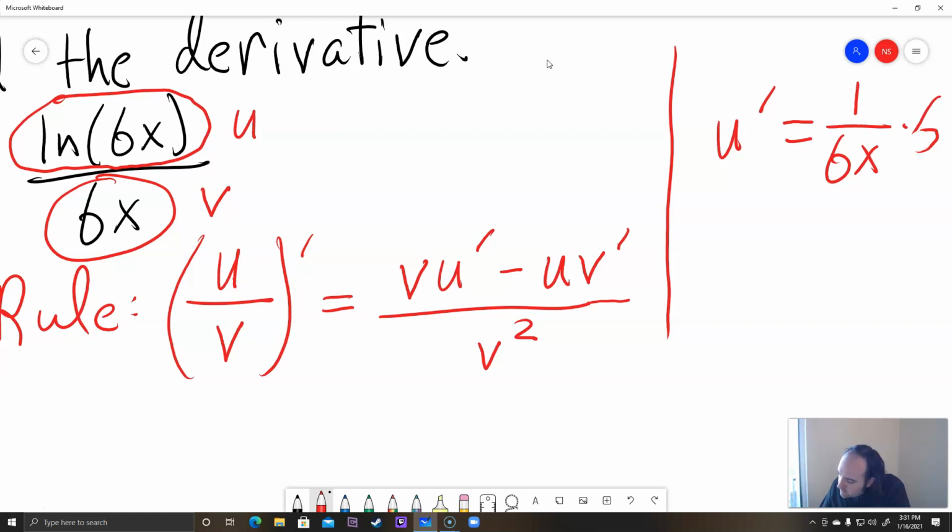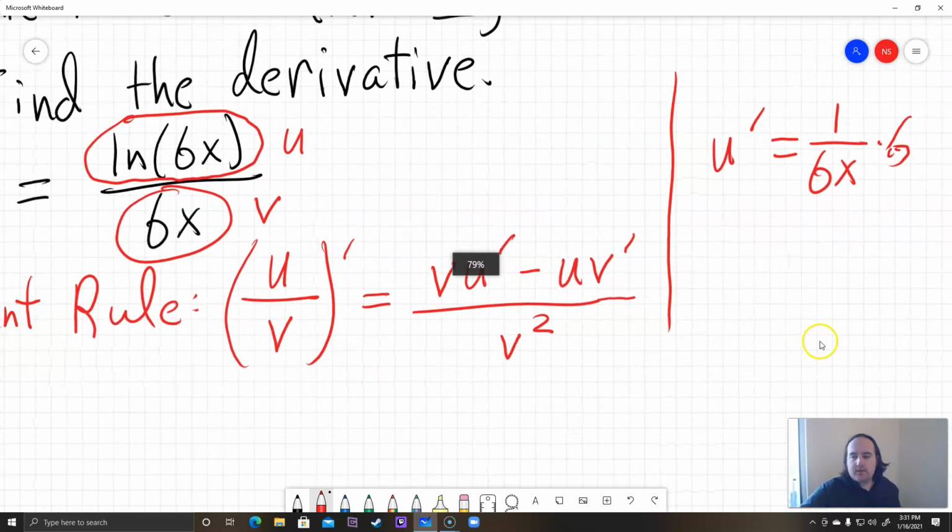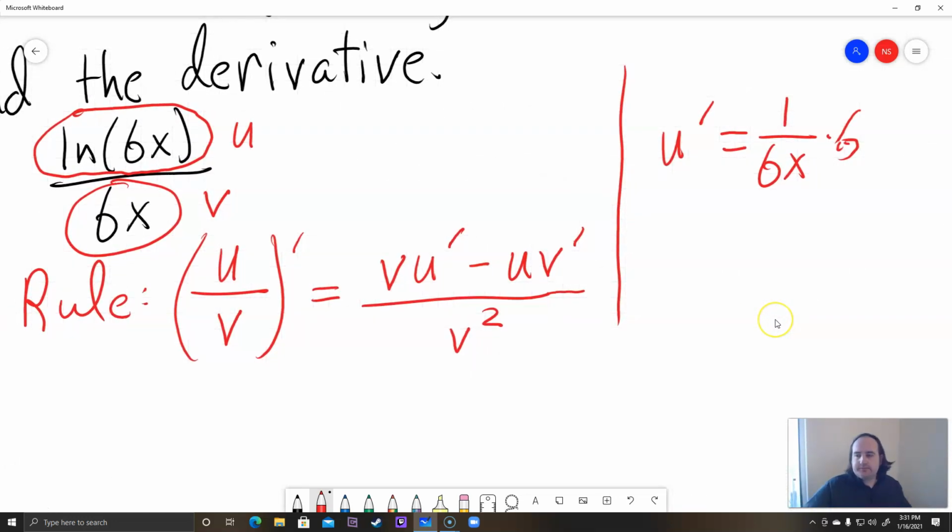Hopefully that's not too bad. So we got 1 over 6x times 6. Obviously the 6's cancel out, so our u prime is actually just going to be 1 over x.